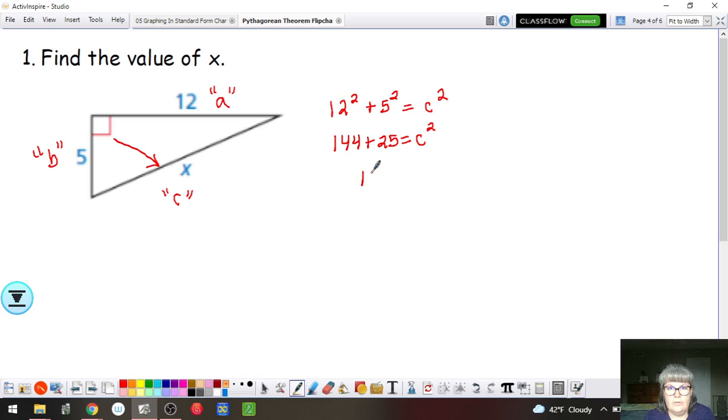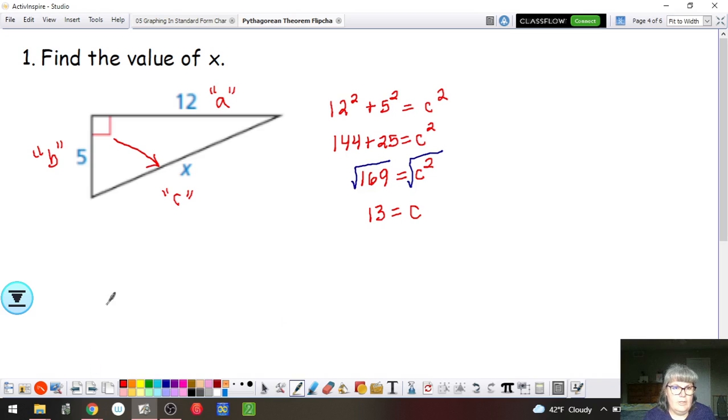Add the two together is a total of 169 equals C squared, and again you need to take the square root of each side, and the square root of 169 is 13. 13 times 13 is 169.